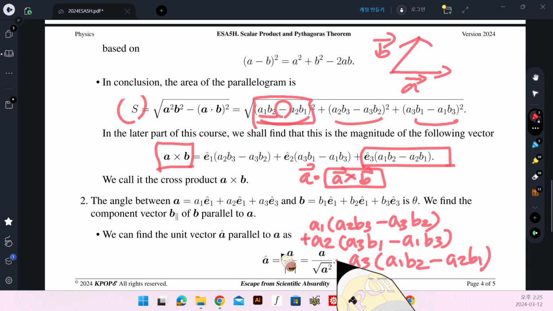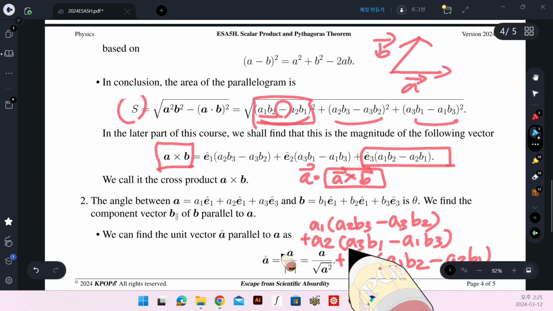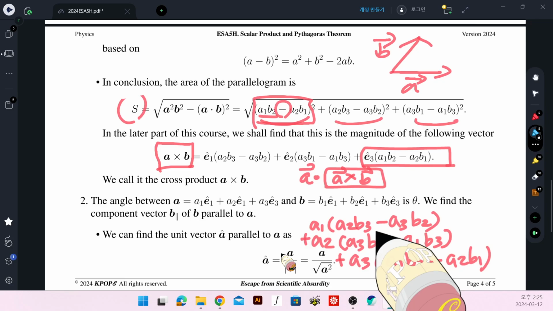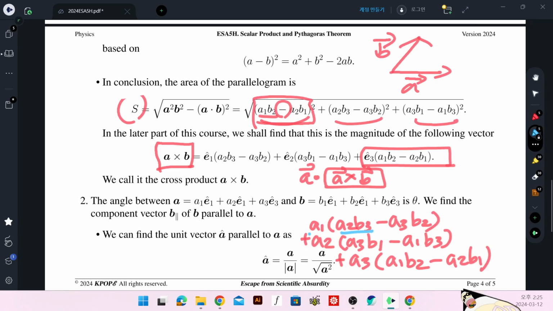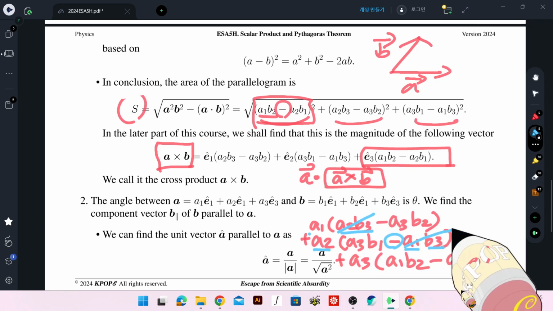And we have to sum everything together. Let's see. A1, A2, B3, A1, A2, B3. I can find A1, A2, B3, but with the negative sign. This one cancels exactly.